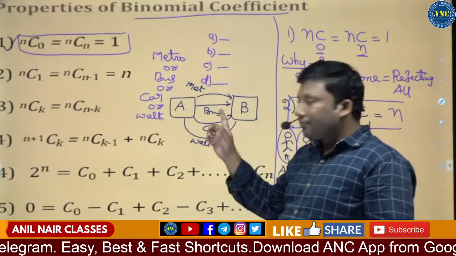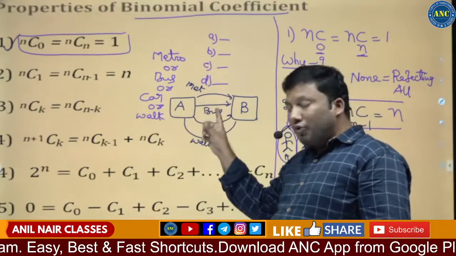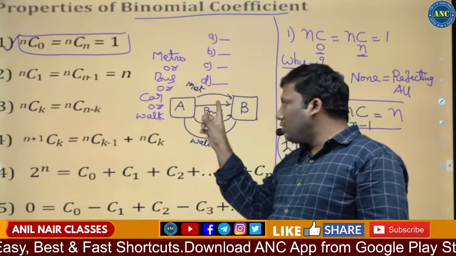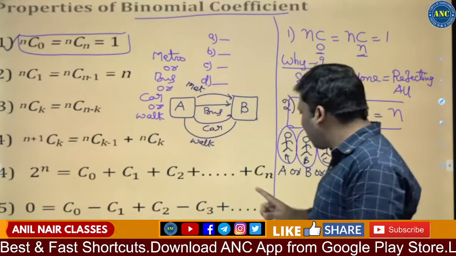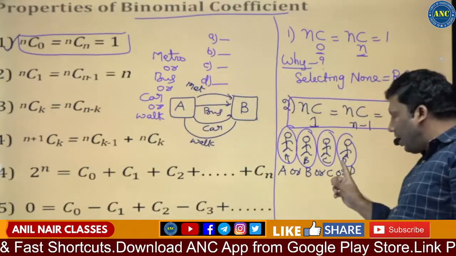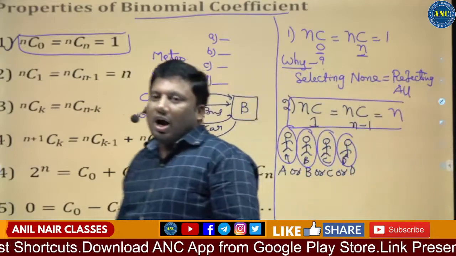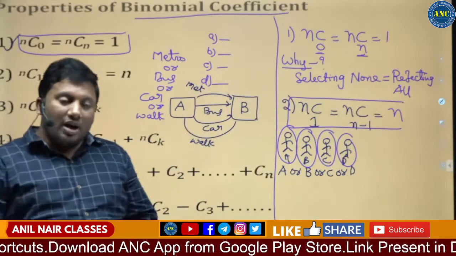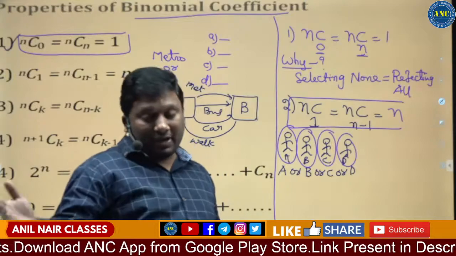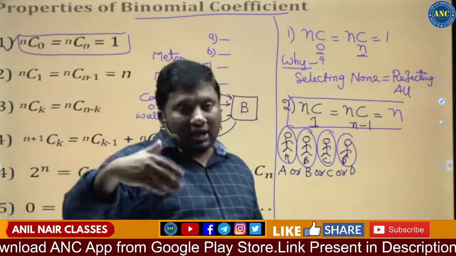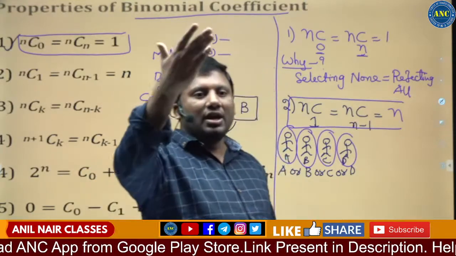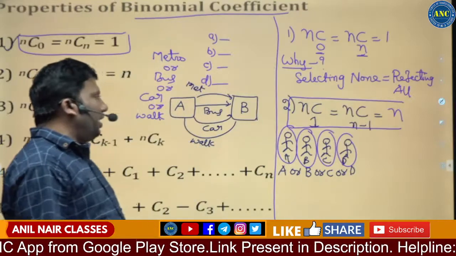There are 4 choices for me: either metro, or bus, or car, or walk; either A, or B, or C, or D. So out of n, I am selecting one. That one could be the first person, or second person, or third person, or it could be the nth person.